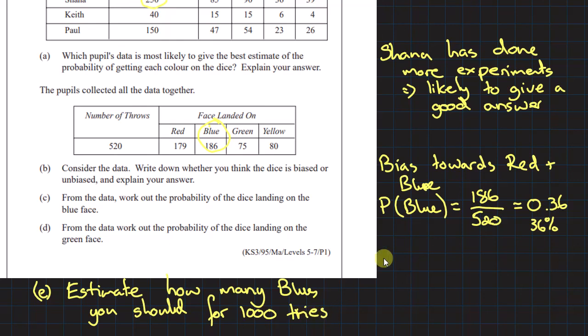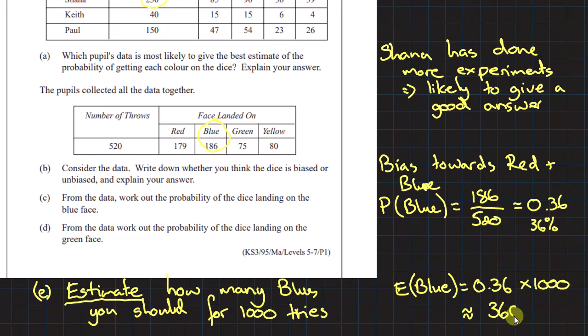So my expectation of blue, this E bracket blue says expectation, would be my 0.36 multiplied by 1,000. And this is an estimate. So it's not an accurate answer, so I can use a wavy equals, and it says I am roughly around, do the calculation, and we get 360 blue. If I got something between 330 and 390, I'd probably accept those values.